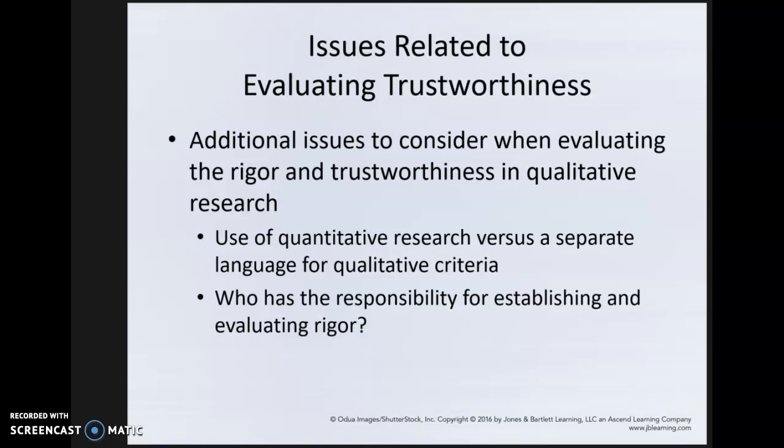How that language is used for the difference between quantitative and qualitative criteria is really important, because qualitative is much different as far as designing and establishing rigor, and make sure that you know the qualifications of the person who's doing the research. All of those factors come into play when we're evaluating the trustworthiness of a particular qualitative research study.